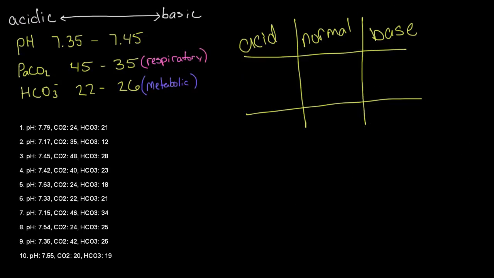Let's go ahead and get rid of this. Okay, so we have a pH of 7.17. This is acid, so pH in the acid column. CO2 of 35, which is normal. It is in this range inclusively, so our CO2 is fine. Then we look at our HCO3, which is 12. This is too acidic, so we write down our HCO3, our bicarbonate, in this column.